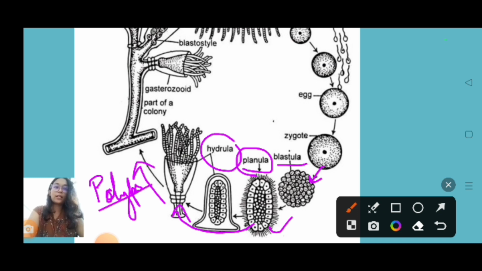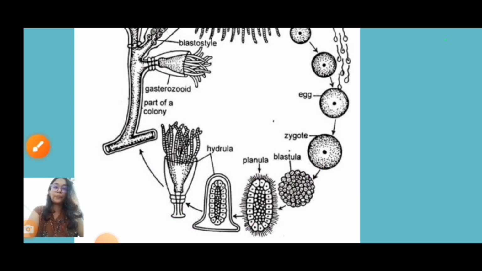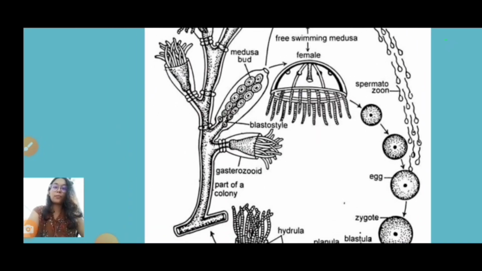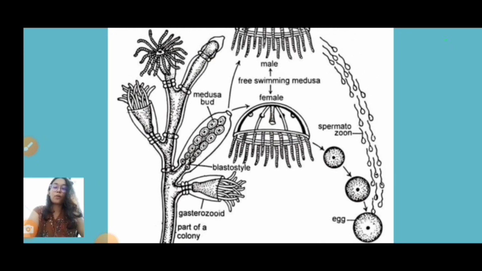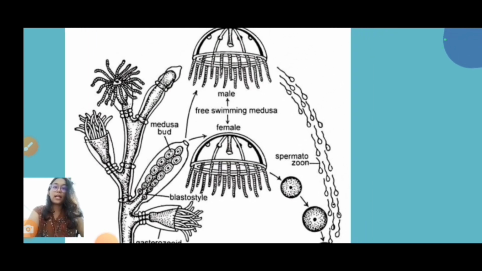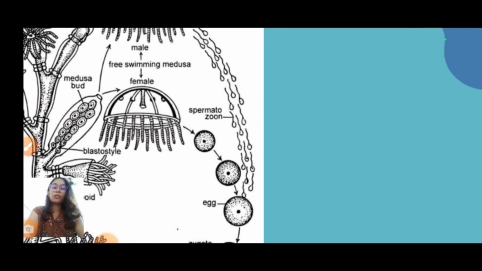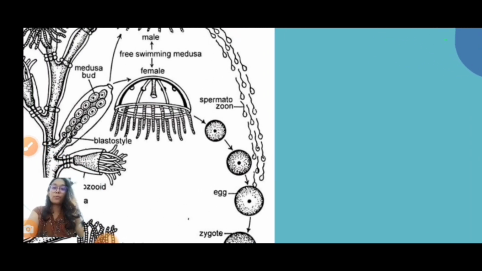Is it clear how it is undergoing the life cycle? From the polyp, this plant-like body, it is the polyp stage, it will form the medusa stage. Male and female medusa, can you see? From this male and female medusa, sperm and egg will come out respectively.